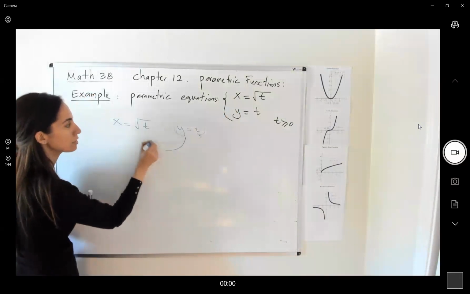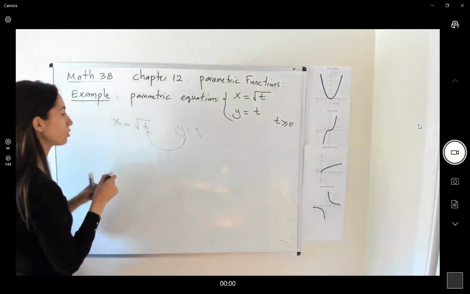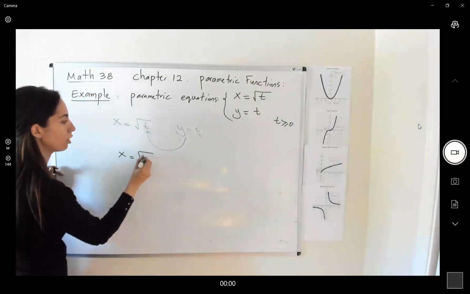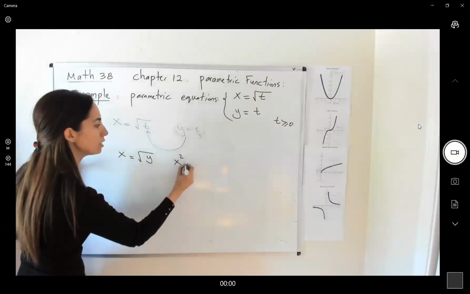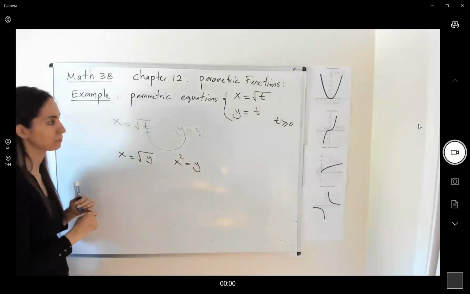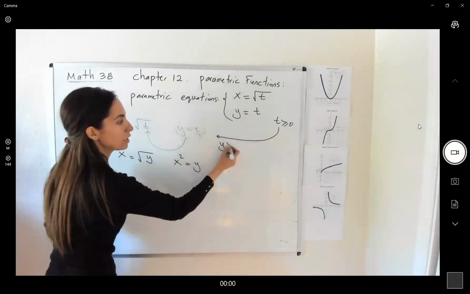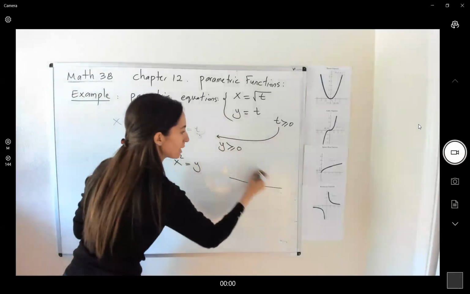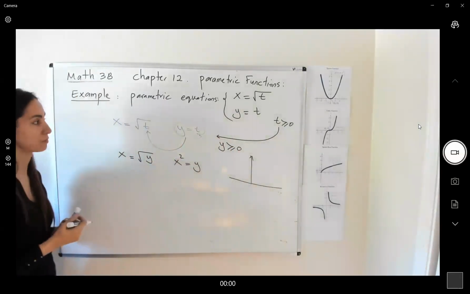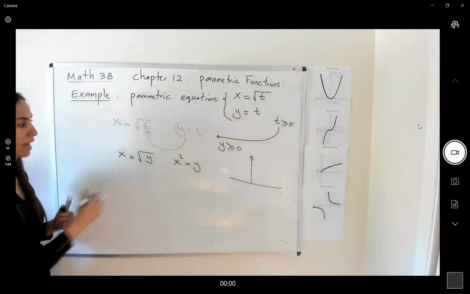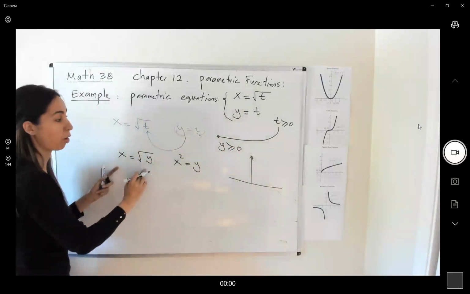So wherever I see t, I'm going to substitute y. So my x is equal to square root of y. So if I raise both sides to 2, I get x squared equals y. Very well. Note that since t is positive, your y is positive. It means that on the xy plane, we do not work with negative values. And at the same time, since y is positive, your x must be positive as well.